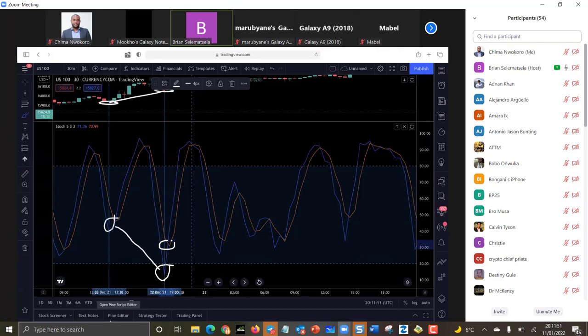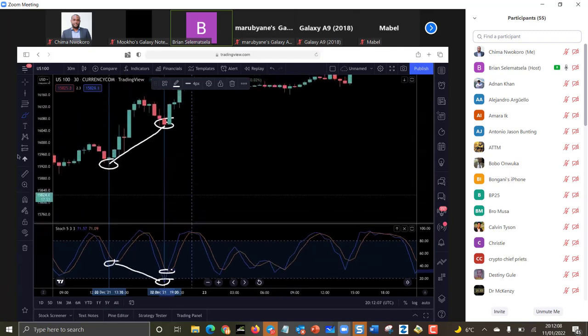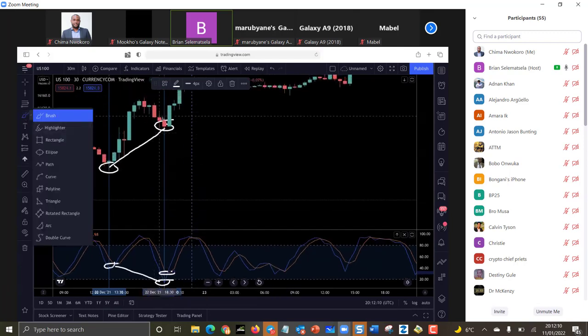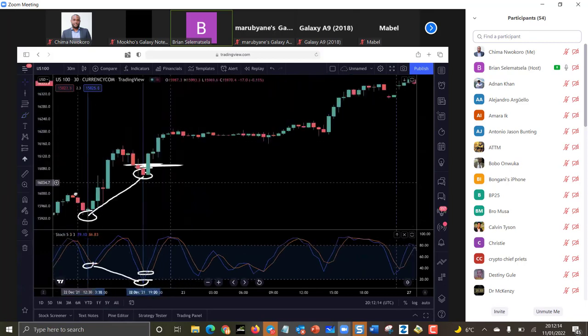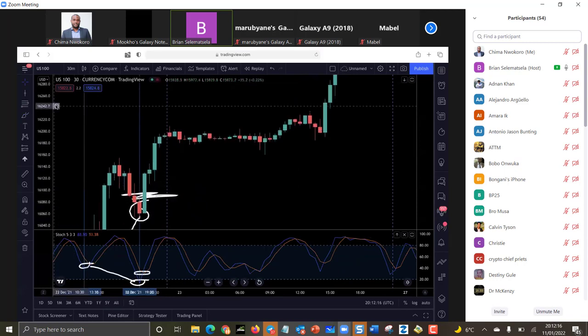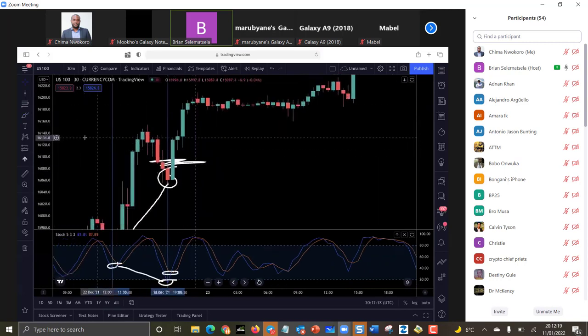And immediately after those two lines cross, that's when we start executing for a buy. Okay. Take it from there. Buy there. And the market will favor us.